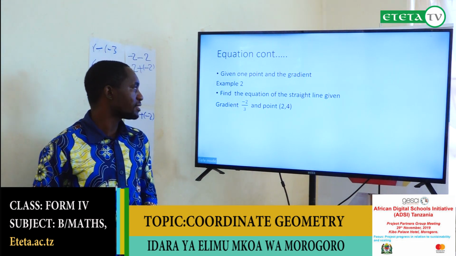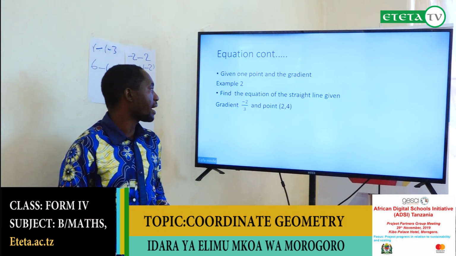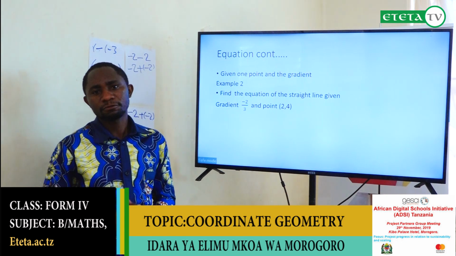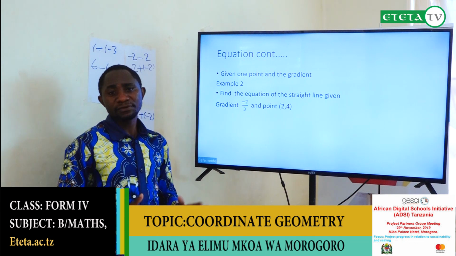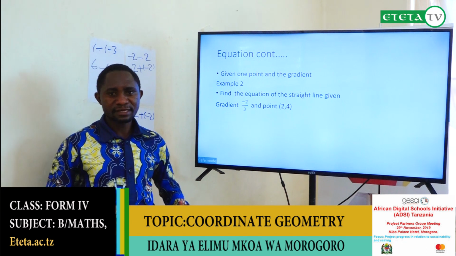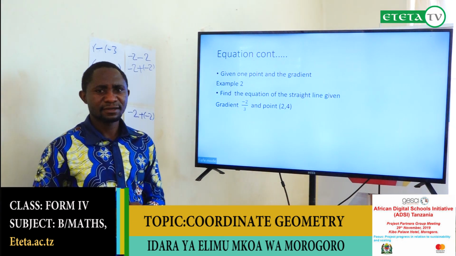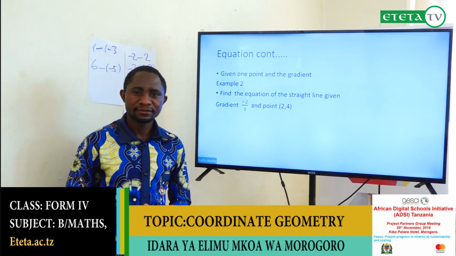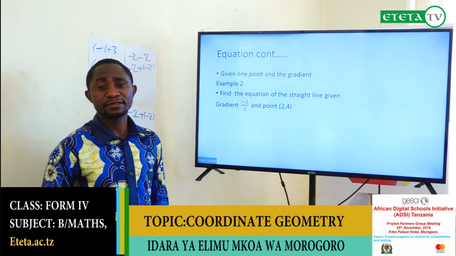Find the equation of the straight line whose gradient is -2/3 and which passes through the point 2,4. You see? Now, try to digest the question. I give you a few seconds. You are given a point, you are given the gradient. Now try to share with your fellow students.